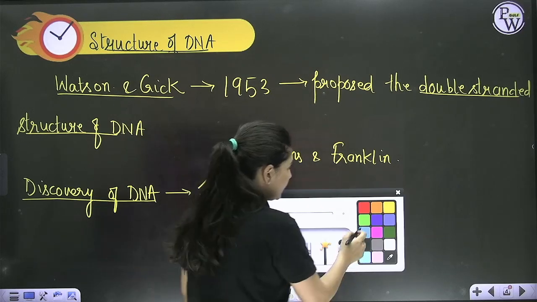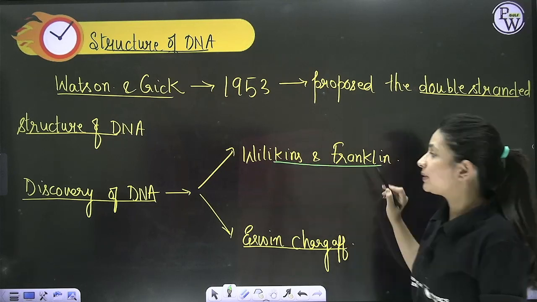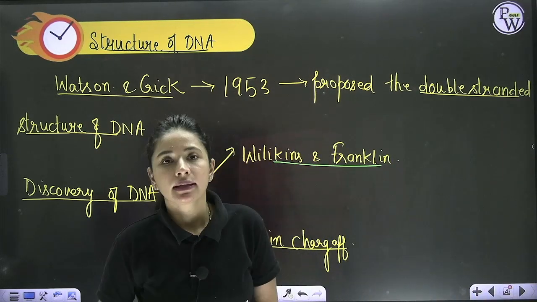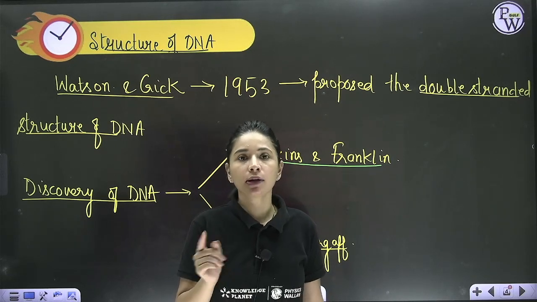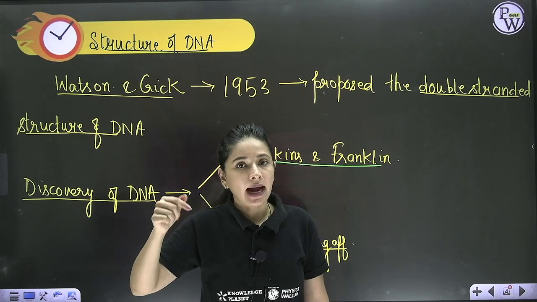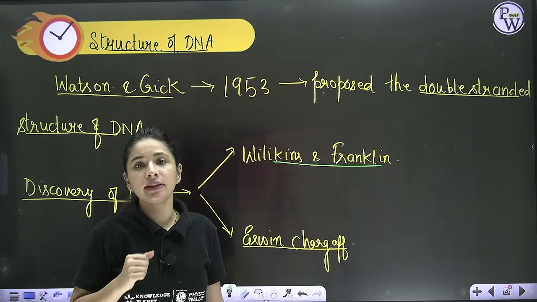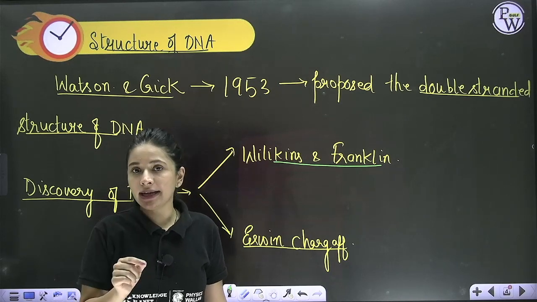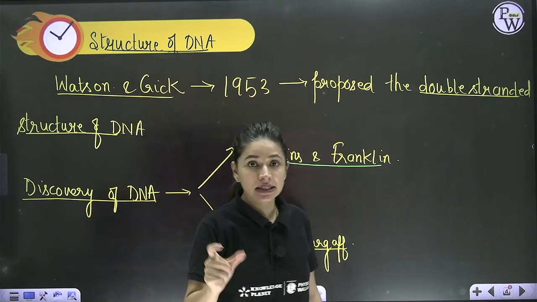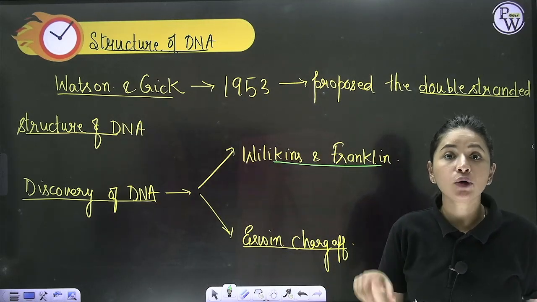Right? Wilkins and Rosalind, beta, basically these 2 people, they proved with the help of X-ray crystallography that the chain of the DNA cannot be straight. Rather, it has to be helically coiled, and the pitch of the DNA, that means the distance between the 2 base pair on the DNA chain, has to be, yes, very good. The distance between the 2 DNA chain has to be 3 nanometers.